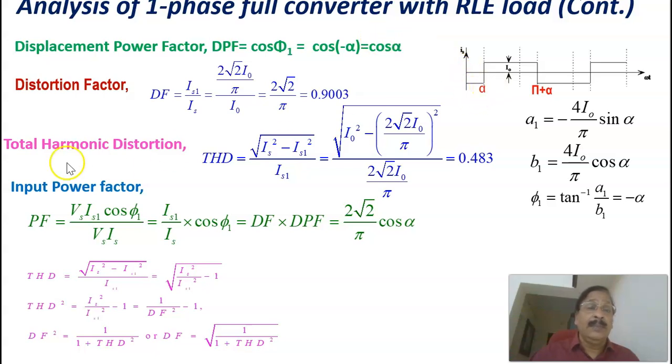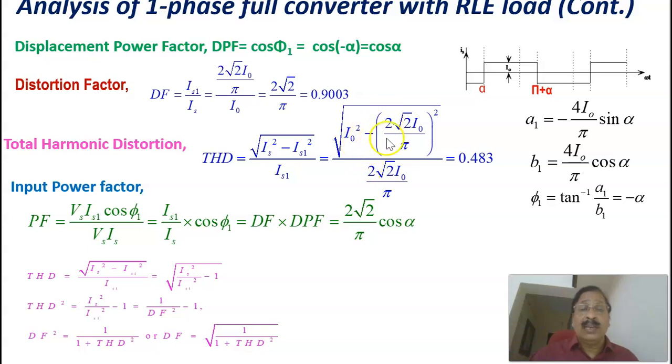Therefore, the total harmonic distortion is given by the square root of Is squared minus Is1 squared, which is the RMS value of the harmonic content, divided by the RMS value of the fundamental, Is1. If you substitute in this same equation, Is is the RMS value of the total source current, which is equal to I naught.